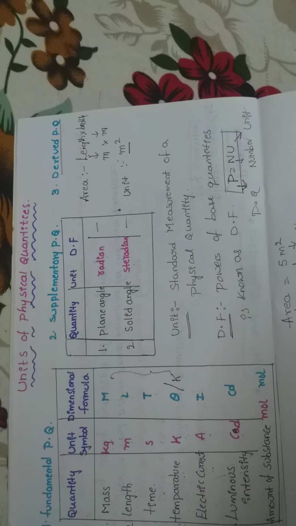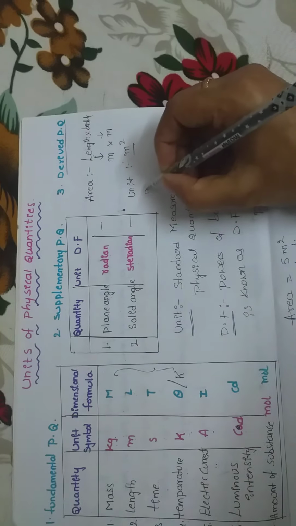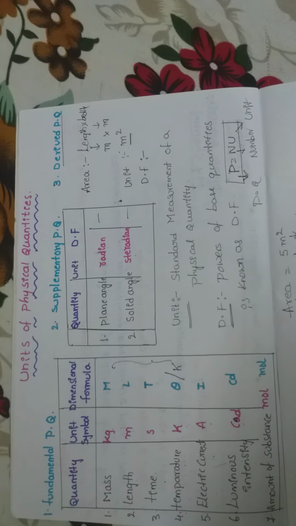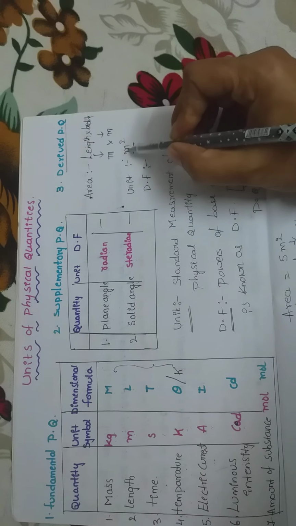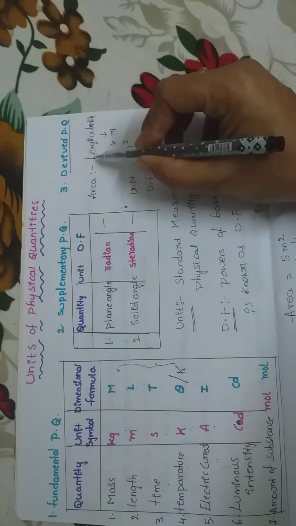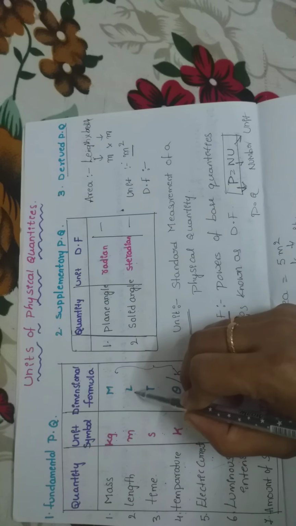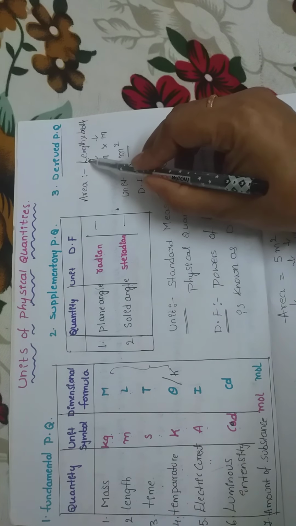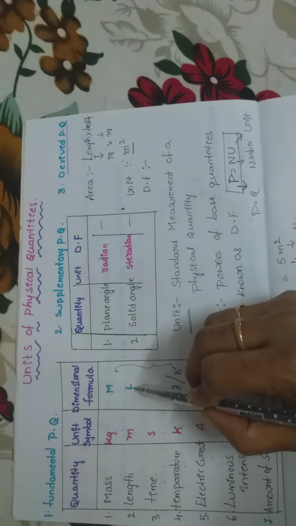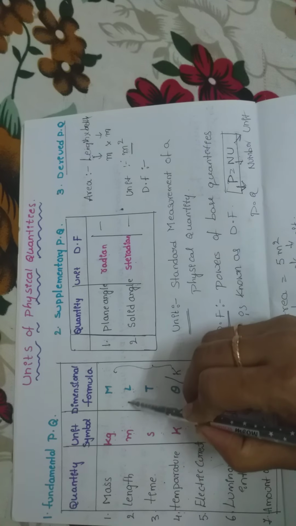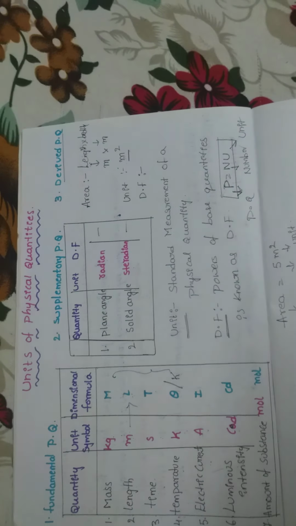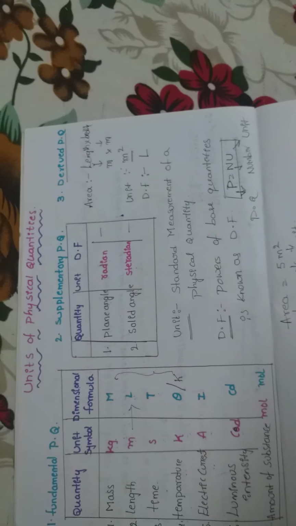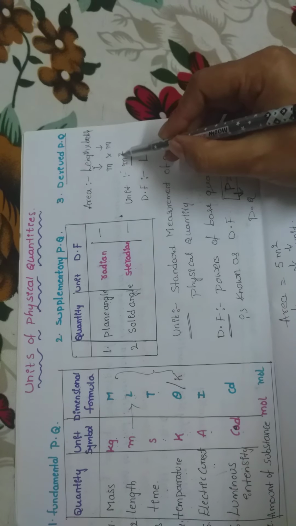Fine. Then how to write the dimensional formula? D.F. means dimensional formula. Meter is the unit of length, and the dimensional symbol for length is capital L. So in place of meter, I am writing capital L. What is the power here? 2.